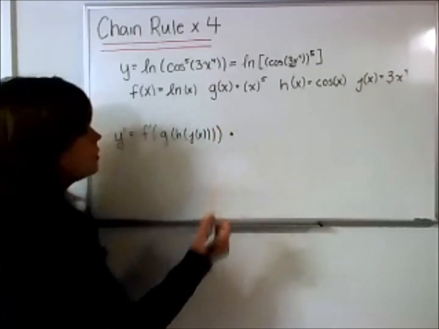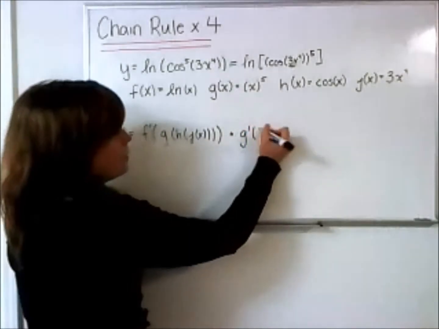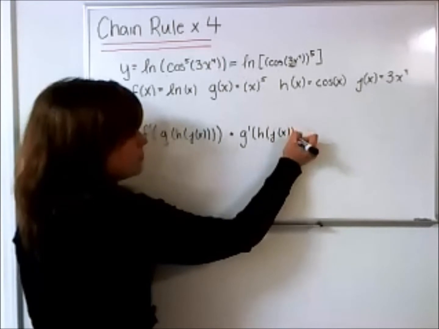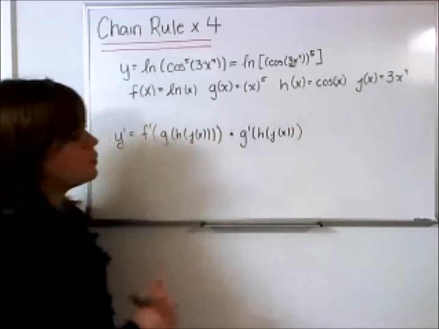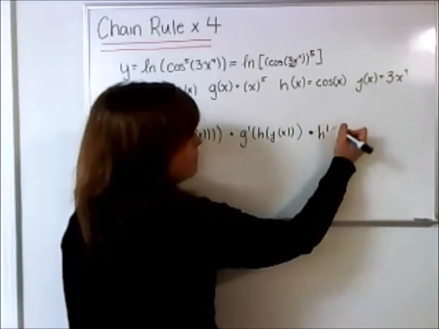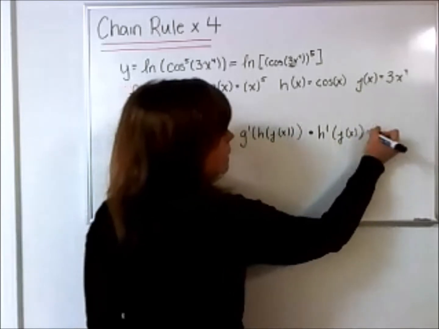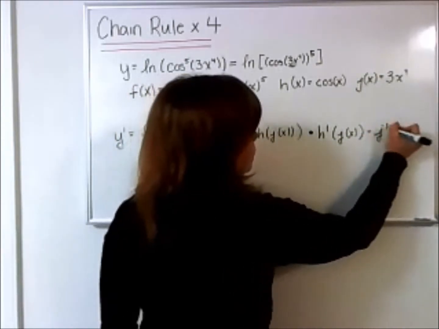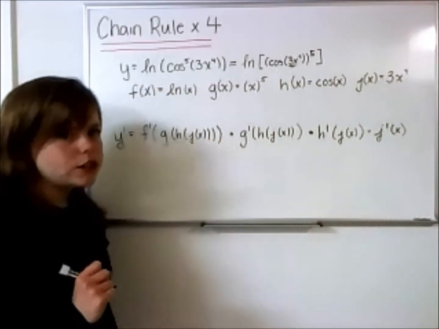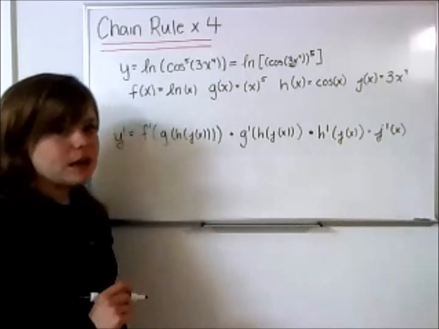Multiplying that, we go inward one step, g prime of h of j of x. Going one step further, multiply that by h prime of j of x. And then finally we multiply by j prime of x. Okay, so a very, very long function. The more functions you have, the longer that this becomes.